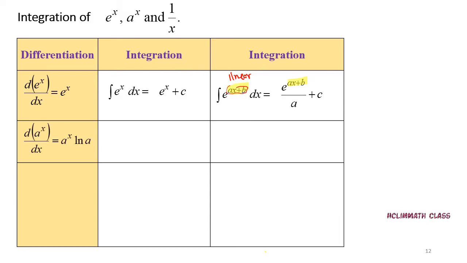So we proceed with the exponent a to the power x. We differentiate, we get a power x ln a. So the integral of a power x is a power x over ln a. If you have a power mx plus n, you have a power mx plus n over m ln a.